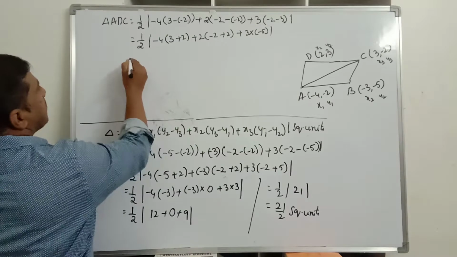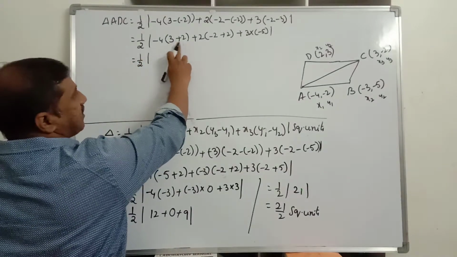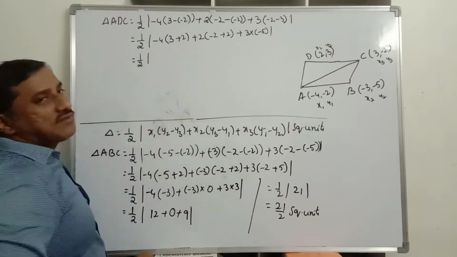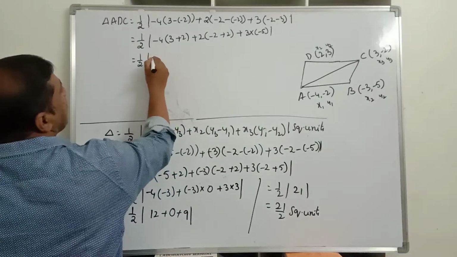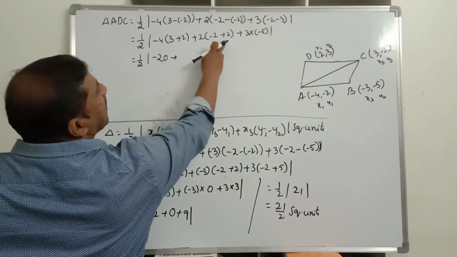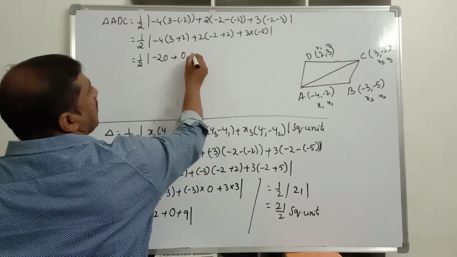Now simplify this. Half into the modulus of: 3 plus 2 is 5, so 5 into minus 4 is minus 20; plus minus 2 plus 2, which is 0, so 2 into 0 is 0; plus 3 into minus 5, which is minus 15.